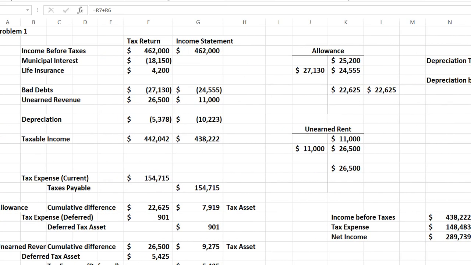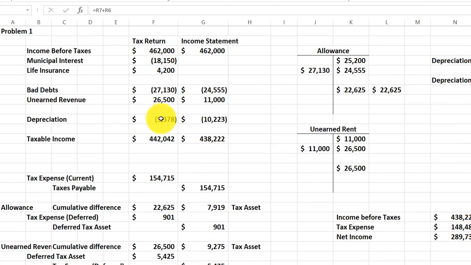So in this case, you have again a difference that's different than what we've encountered in the examples, because income statement depreciation is actually higher than the tax return depreciation. So that seems backwards, but that's what happens. This is what we call our differences reversing. They actually go back the other way, because at some point depreciation total has to be exactly the same on the tax return and our financial statements over time.